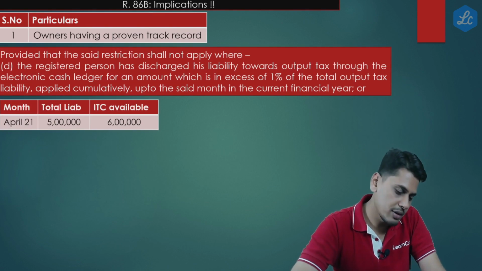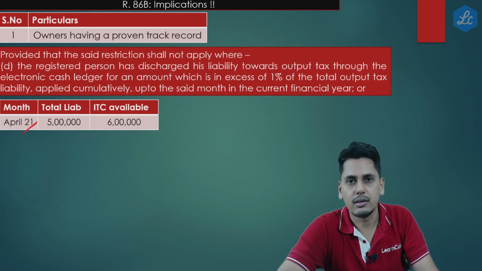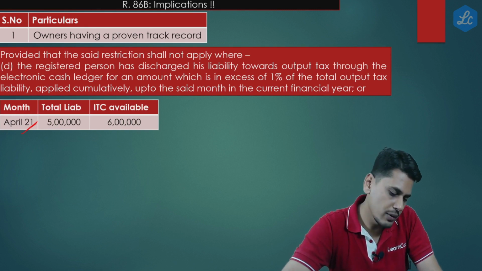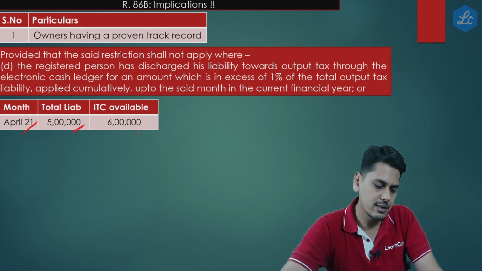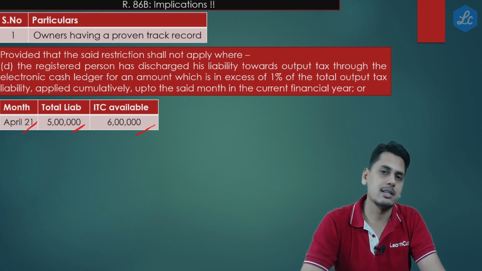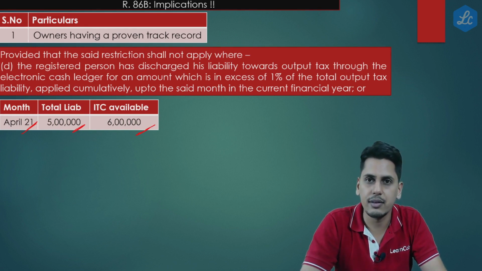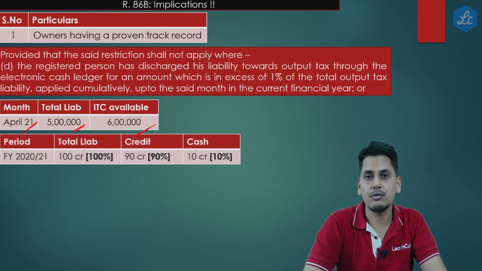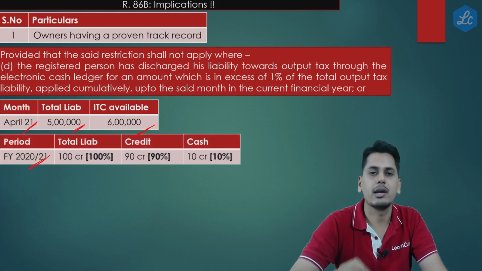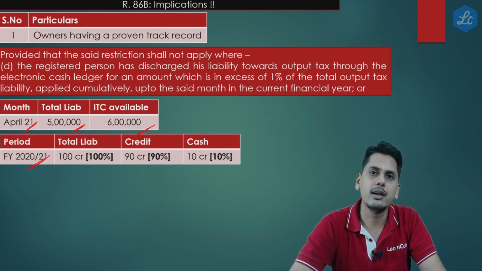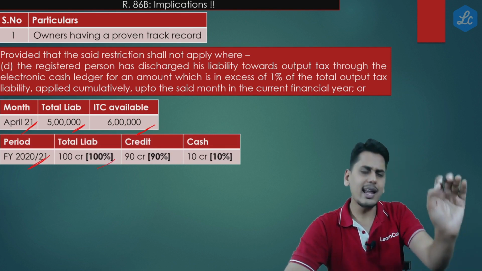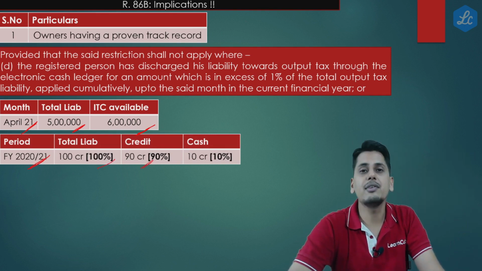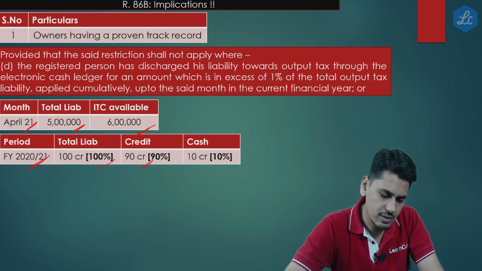Let's say for the tax period April 21, my total liability is 5 lakhs. Input tax credit available is 6 lakhs. Now I go to the history. I check for the past financial year 2021. Total liability was 100 crores. How much have I discharged through credit? 90 crores.